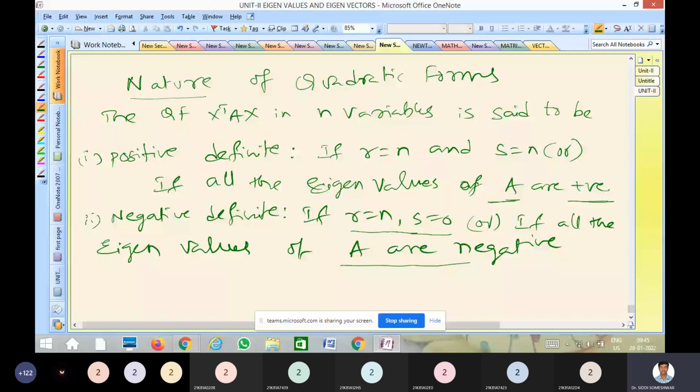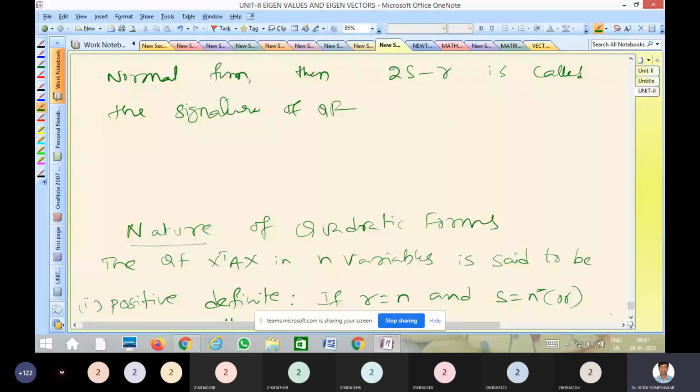Next one is negative semi-definite. Here, if R is less than n and S equal to 0, or if all the eigenvalues of A are less than or equal to 0 and at least one eigenvalue is 0. So for negative semi-definite, the rank is less than n here and S is 0.